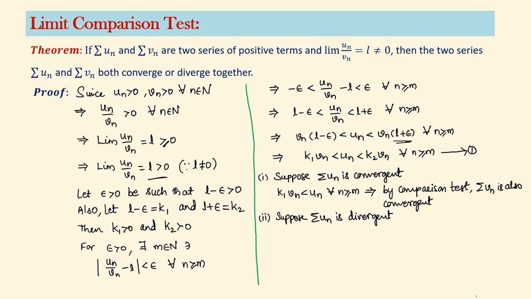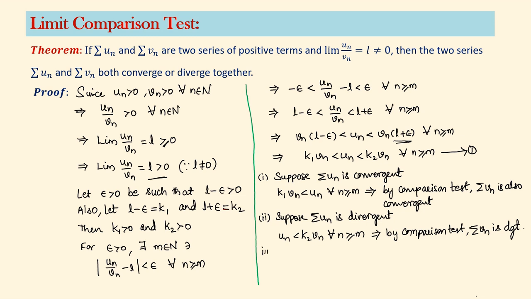So we'll consider these two conditions now: Un less than K2 Vn for all n greater than or equal to m. That implies by the comparison test that summation Vn is divergent.